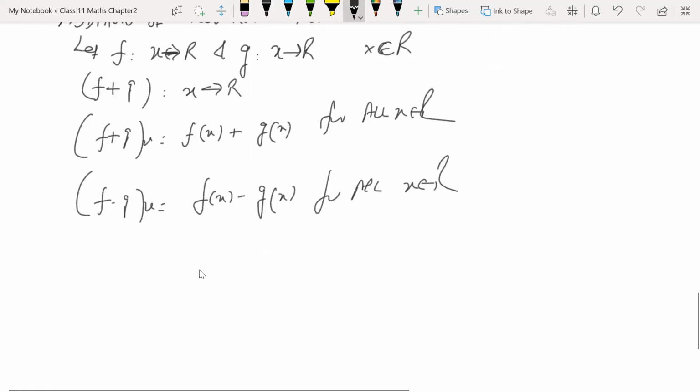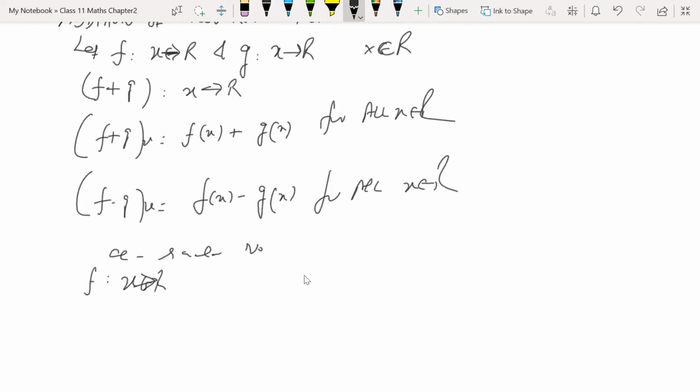Multiplication of a real function by a scalar. Scalar means any real value. Let a be a scalar number. Let f from X to R be a real valued function and a be a scalar value.